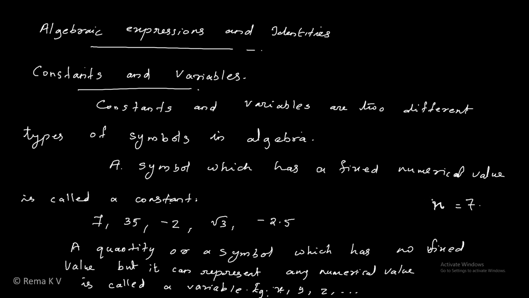We use the symbols x, y, z, etc. for variables. We can write an example for it. Number of days in a week denoted by n, and the value of n is 7. So it is a constant. Examples for constants here: 7, 35, minus 2, root 3, minus 2.5. All these numbers are constants.